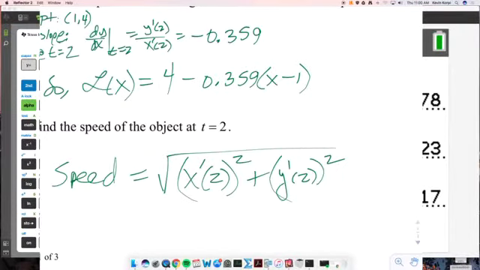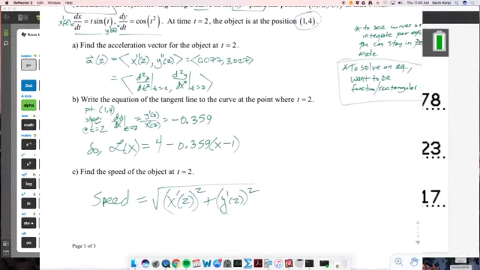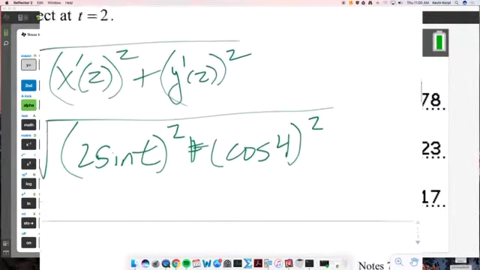Now let's do this one 2 ways. It is a calculator question, but you don't really even have to use your calculator. Because they gave you x prime and y prime, you could just plug in a 2 for x prime, you get 2 sine of 2, and you square it, plus the y prime, since they gave you y prime, just plug in your 2, and you get cosine of 4, and you square it.